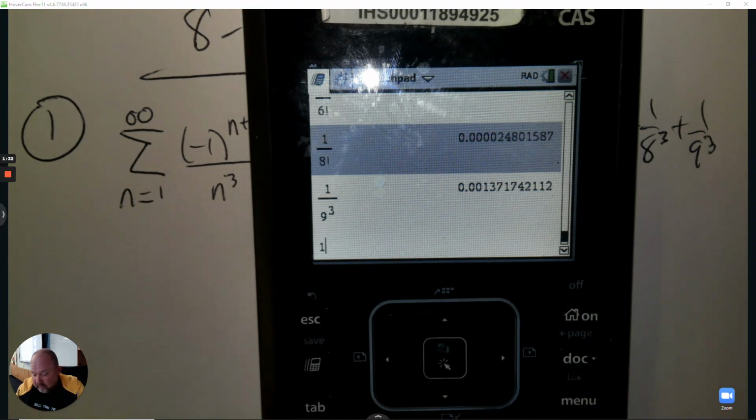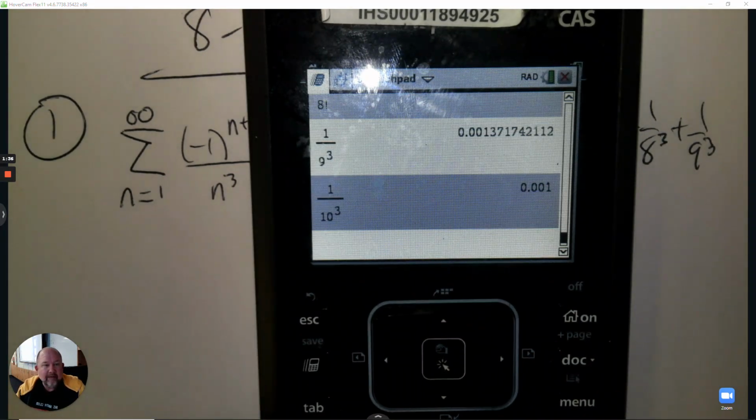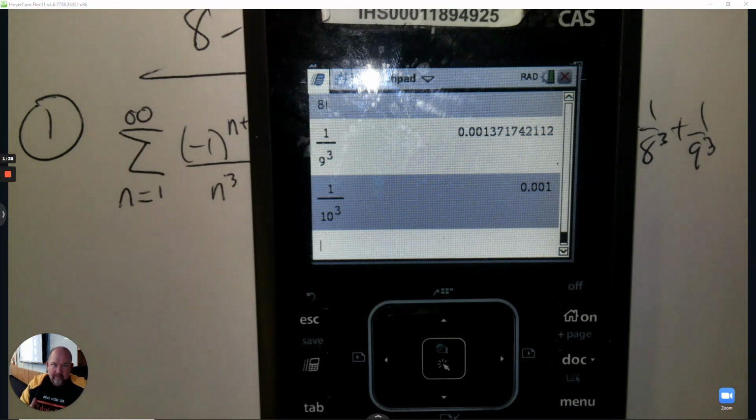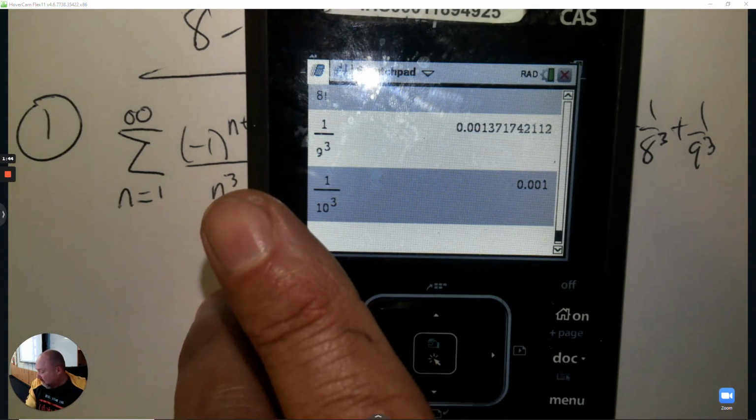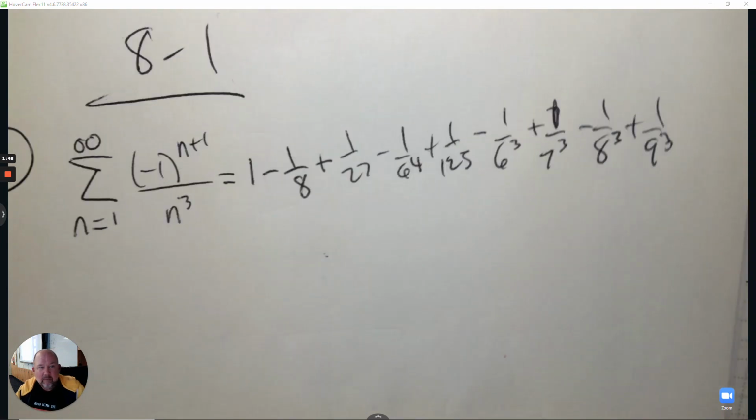So if I want 1 over 10 cubed, that number is equal to 0.001. So if I want to make it less than or equal to that, that's where I stop, right there.